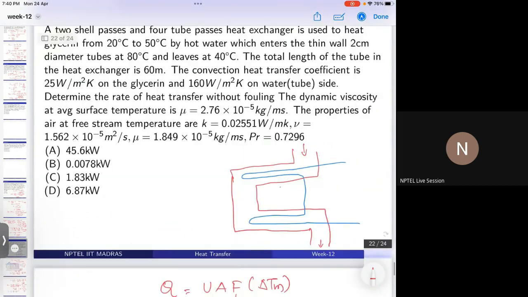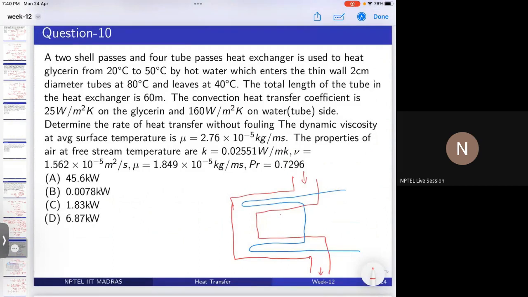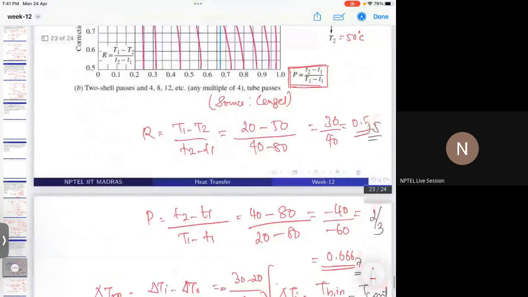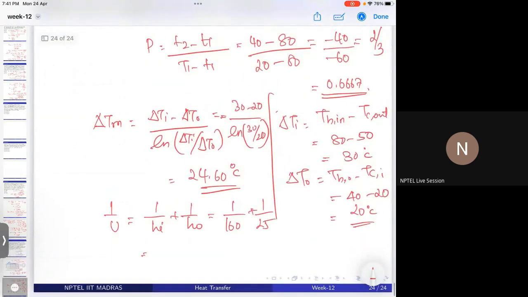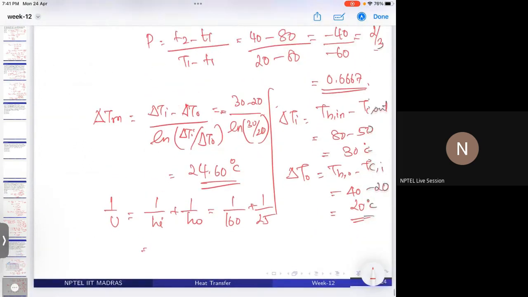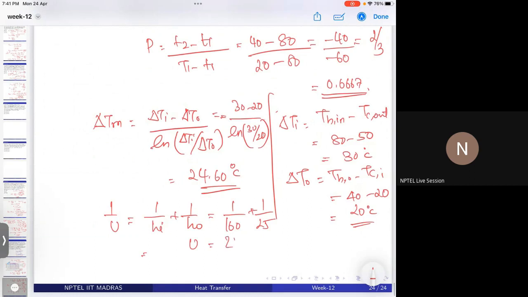What is 1 by ho? 1 by 25. You will get U is equal to 21.612 watt per meter square.